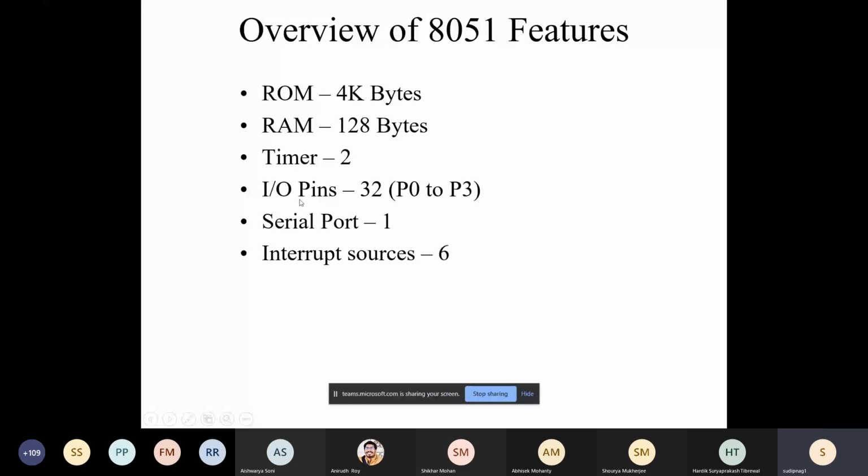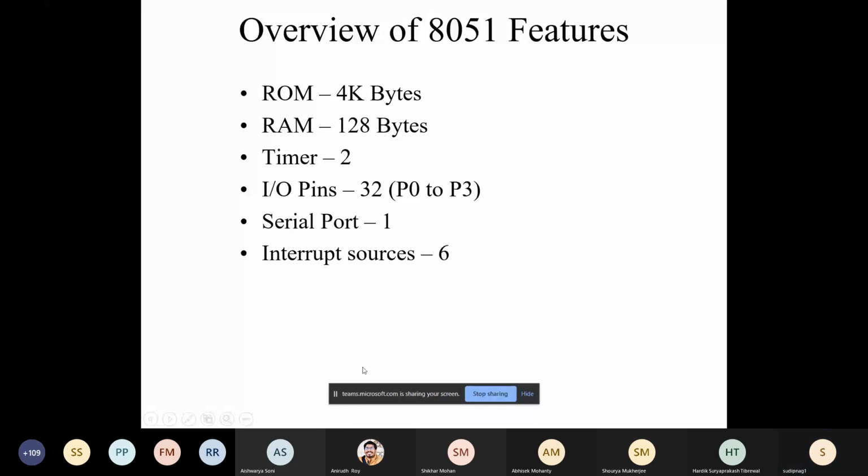There are 32 IO pins or 4 ports, but there are advanced 8051 series microcontrollers where you can get even more than this. Even less than this is also there. Both are available, but the standard 8051 offered 32 input output lines. Now the serial port: this is the asynchronous serial port called UART, Universal Asynchronous Receiver Transmitter, which is a serial port like the COM port in your computer.